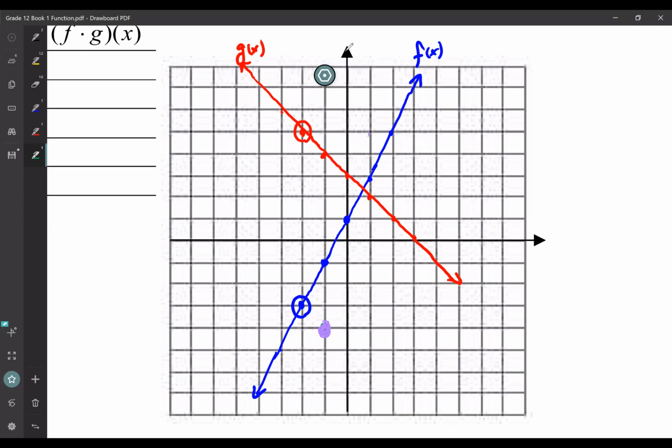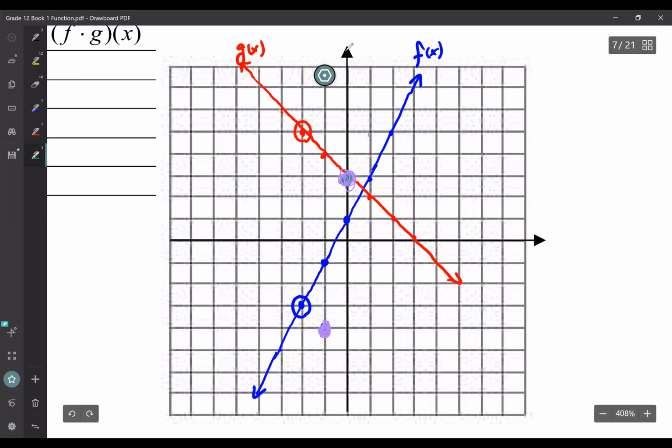And you say you have another point, right? Where is that? This is 0, and it's 1, 2, 3, somewhere here. And then you just make a straight line through those two.